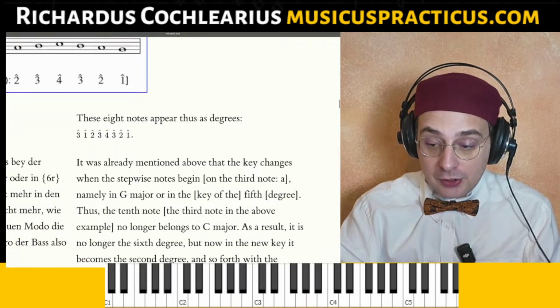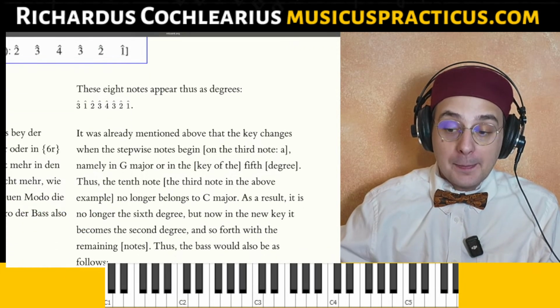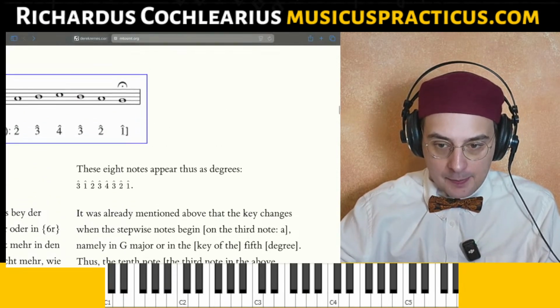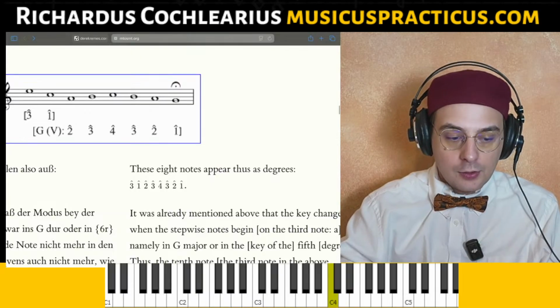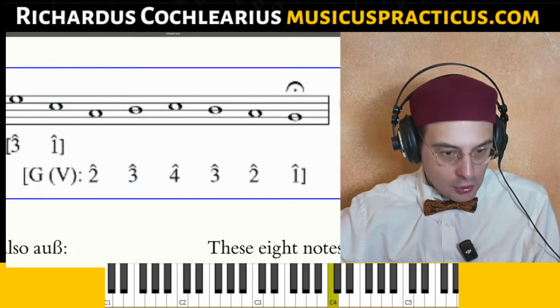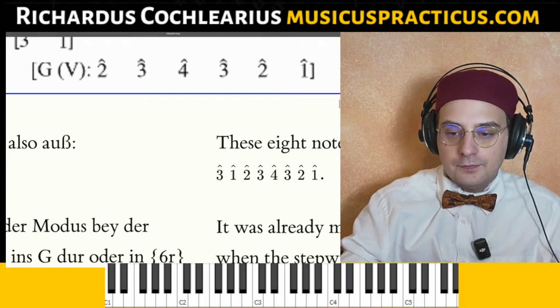It was already mentioned above that the key changes when the stepwise note begins on the third note, A. Okay, when the stepwise note begins on the third note, A, it is changing into G major. Okay.